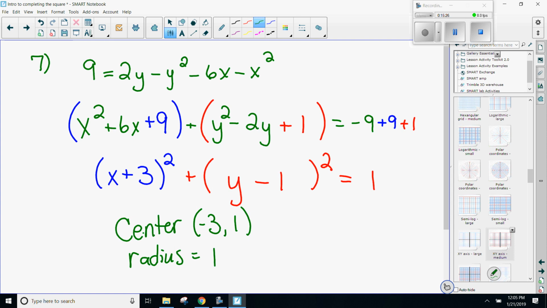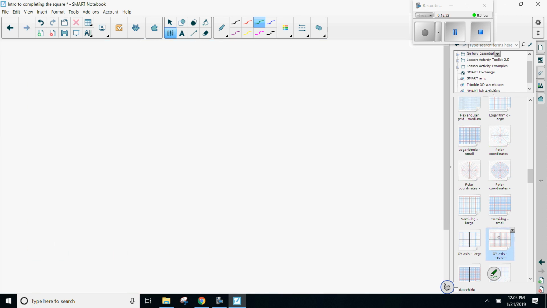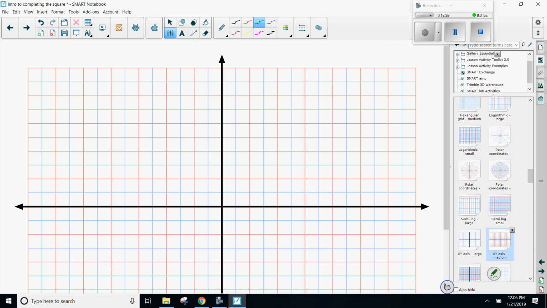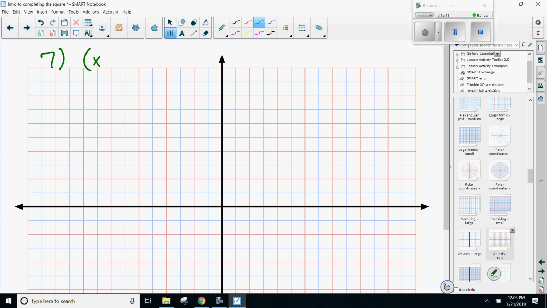And the radius is 1. So now you need to graph it. So you go back 3, up 1, and you have a radius of 1.